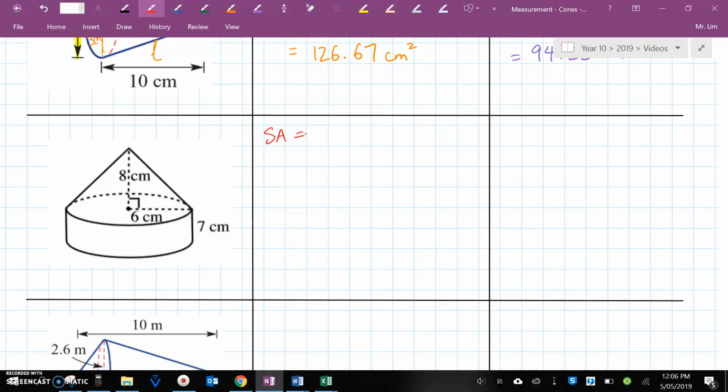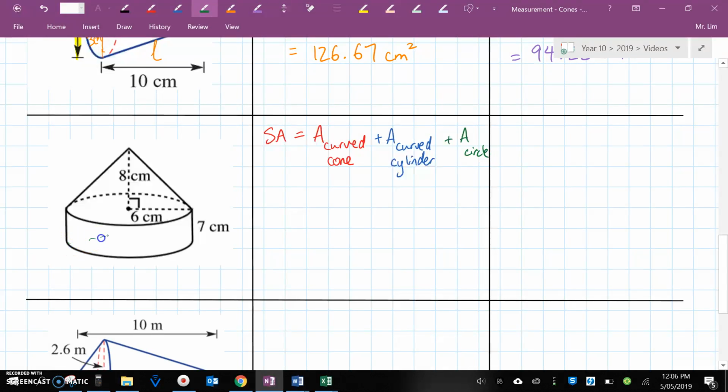If we have a look here, there are only 3 faces that are on the outside. We have the area of the curved section of the cone. We have the area of the curved section of the cylinder. And we only have one circle. And that's at the base.